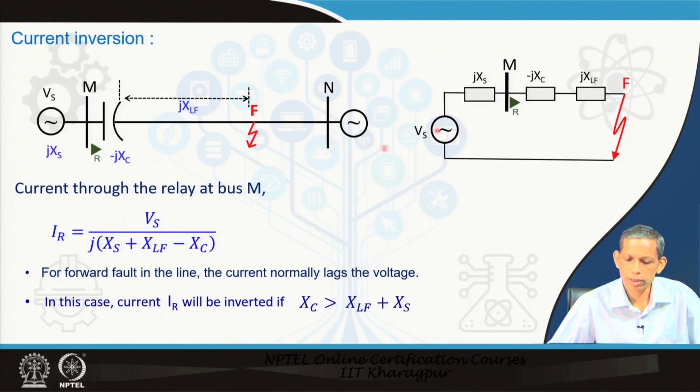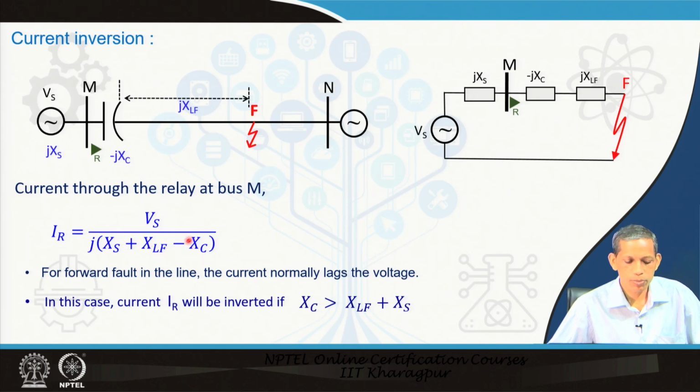The current through the relay bus at M for this situation will be Vs upon j(Xs plus XLF minus XC). Now, normally this XC is not present. So, we have Vs upon j(Xs plus XLF). So, this part becomes positive, and we say that the corresponding relay current lags the voltage by close to 90 degrees. Ideally, it should be 90 degrees.